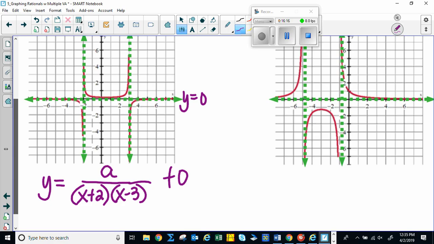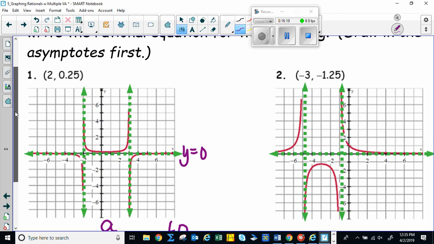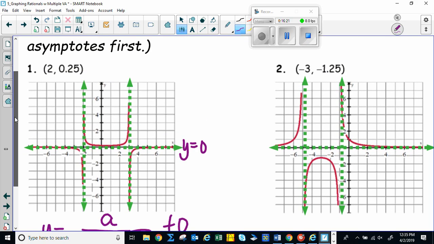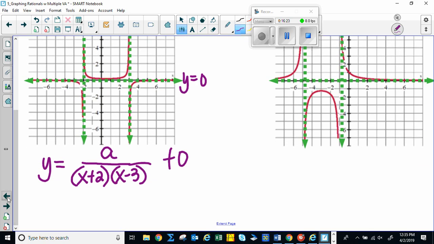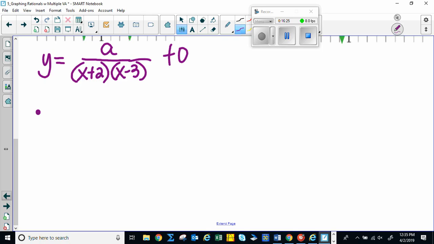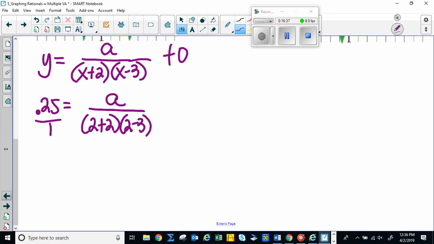Up here at the top of the page, I have an x value of 2 and a y value of 0.25. So I'm going to replace my y with 0.25, and everywhere I have an x, I'm going to replace it with a 2. I see a fraction, so I'm going to set a fraction equal to a fraction so I can cross multiply.